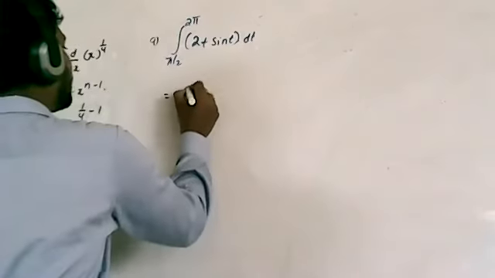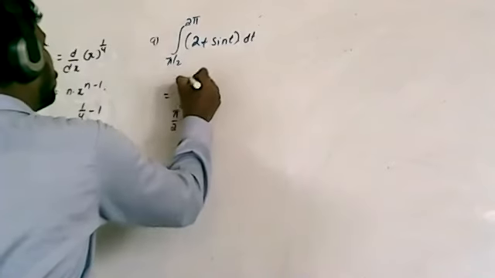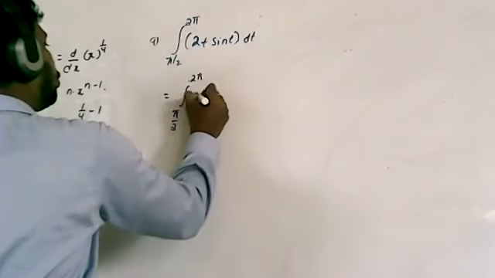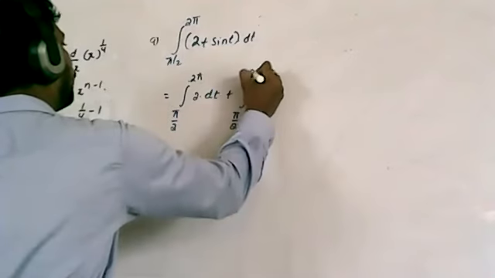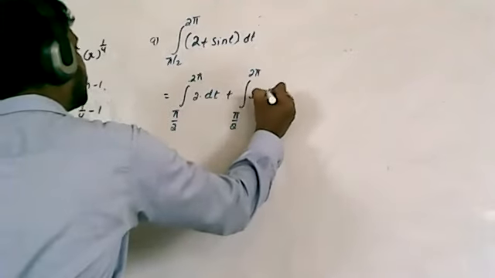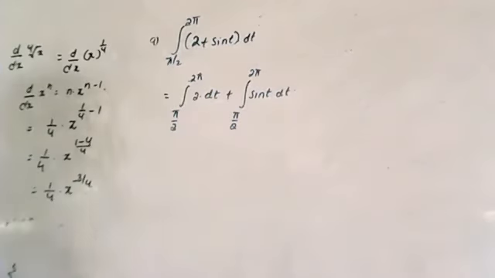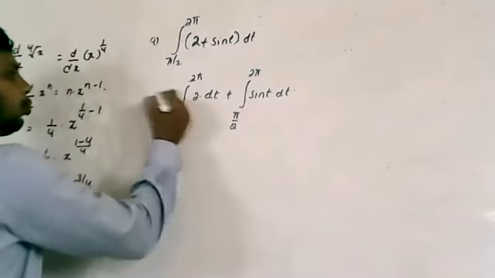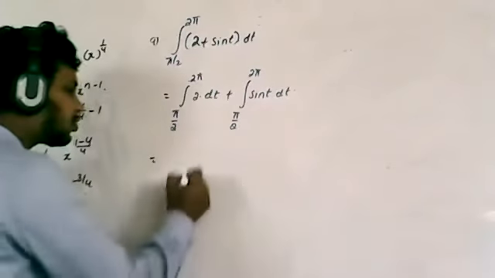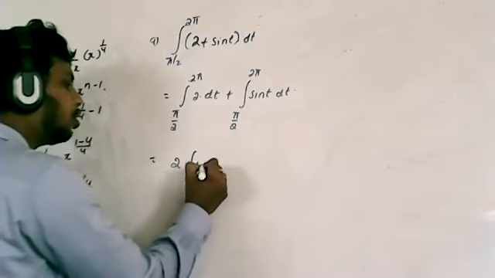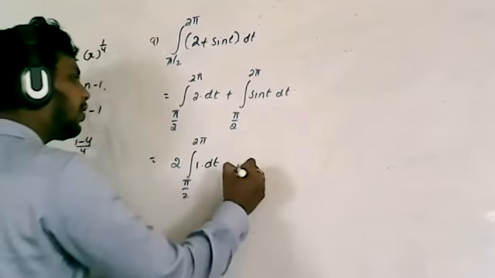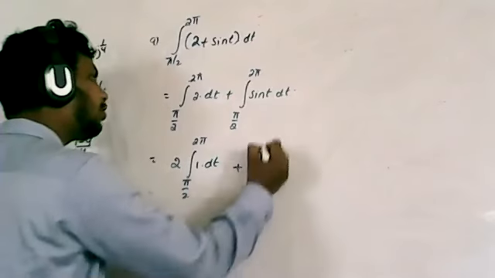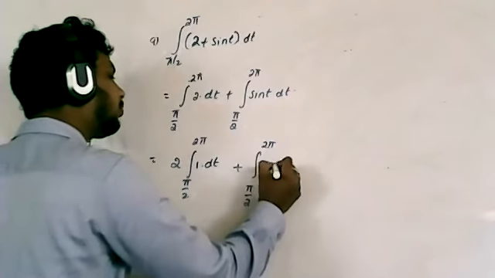Now I'll write like this: integration from pi by 2 to 2 pi of 2 dt plus integration from pi by 2 to 2 pi of sine t dt. If you know the formulas, the problem is dead easy. Now see, 2 comes out of the integration. Then 2 into 1 dt between the limits pi by 2 to 2 pi, plus integration from pi by 2 to 2 pi of sine t dt.